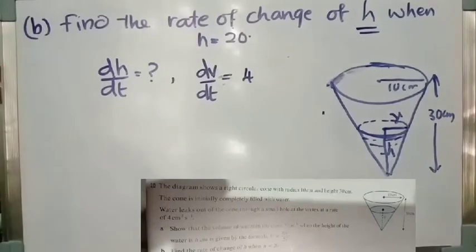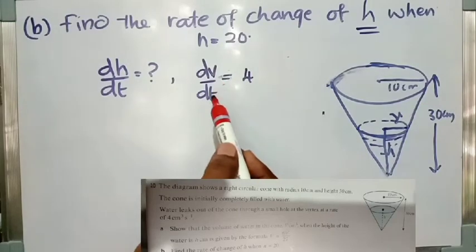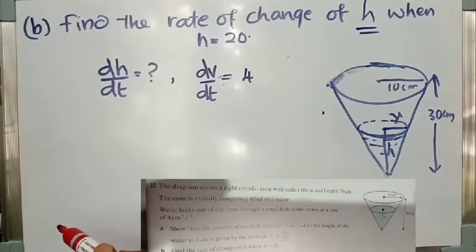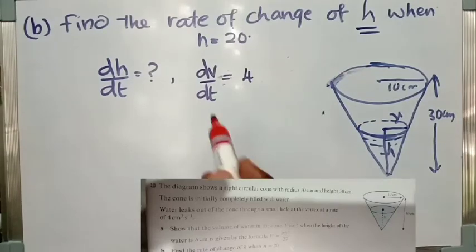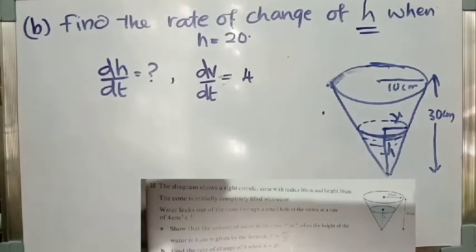Okay, but when we consider this rate of change of volume with respect to time, is this volume increasing or decreasing? The question says that the water is leaking. That means the volume is decreasing.